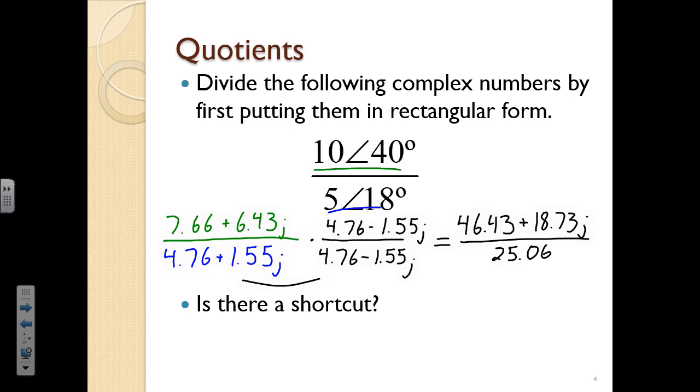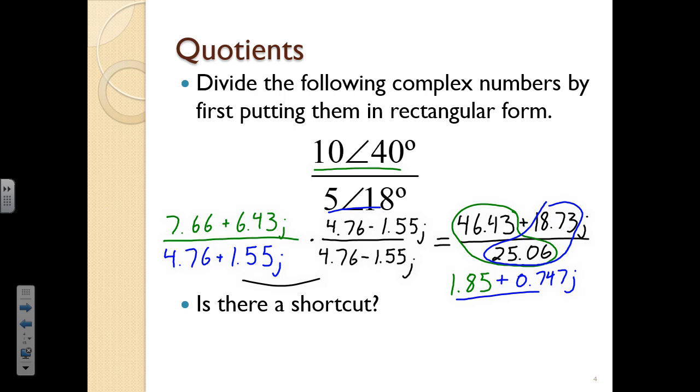Simplify that, that is to say, divide out the real component, 46.43 over 25.06, and you get a real component of 1.85. And if you divide out the imaginary part, 18.73 divided by 25.06, you get plus 0.747, and that's our j component. So there's our quotient.